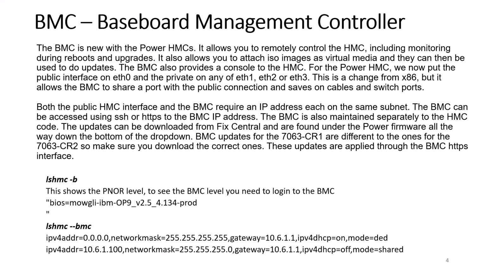So the BMC is a different piece of code, and you'll hear people talk about BMCs and PNORs, and those are basically the code that you put on, which is really like the firmware for the HMC. And they are different between the CR1 and the CR2 models, so you need to make sure you download the correct ones. And we'll talk about how to apply those later.